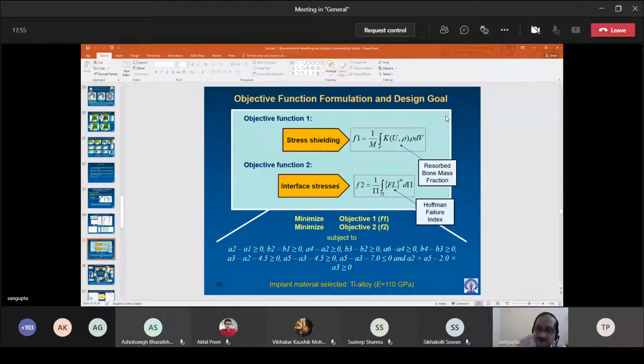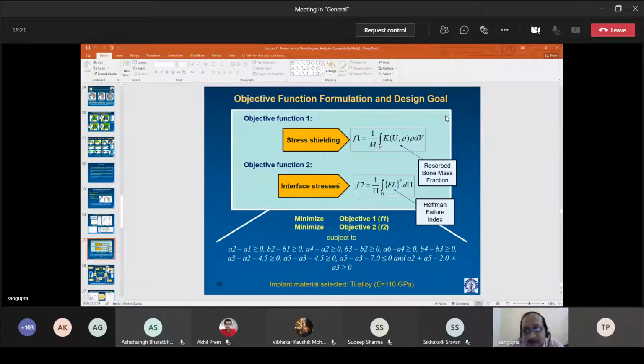Based on the normal and shear stresses at the boundary of, say, implant and bone, a Hoffman failure index can be calculated. Okay. Now, the Hoffman failure index, I will discuss separately.